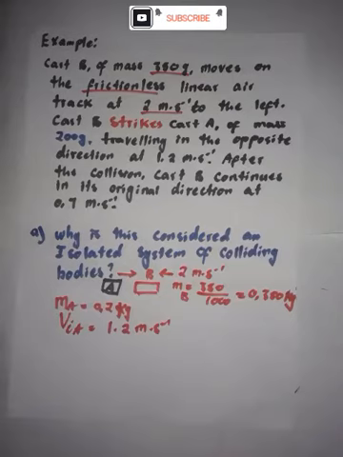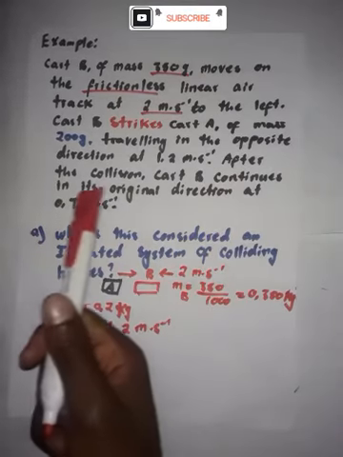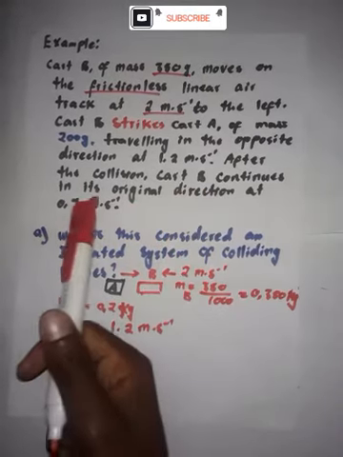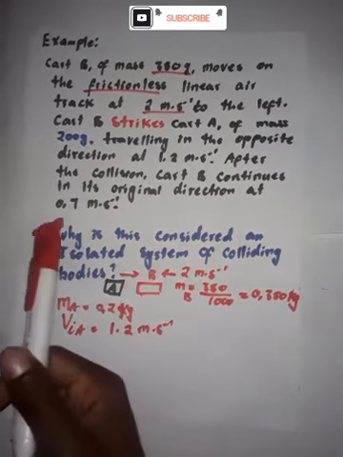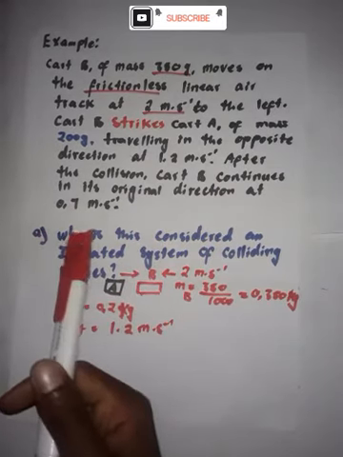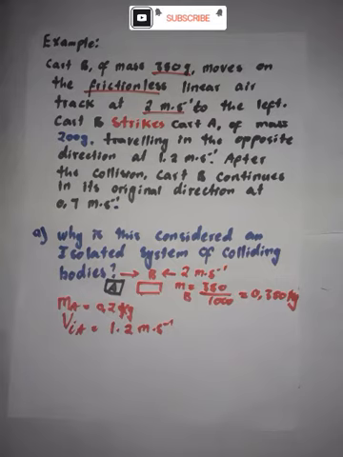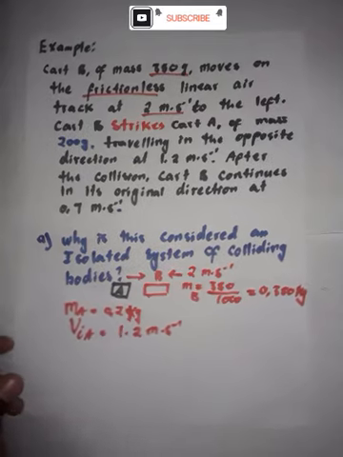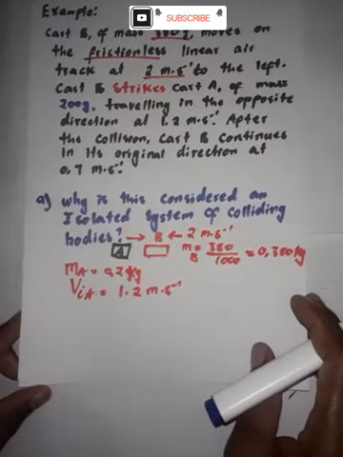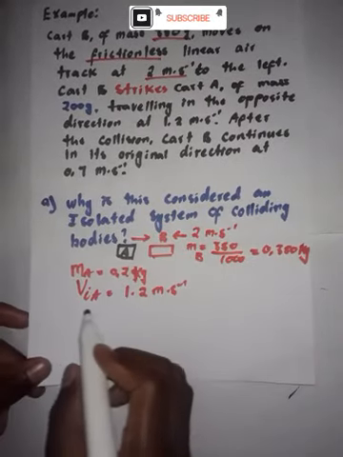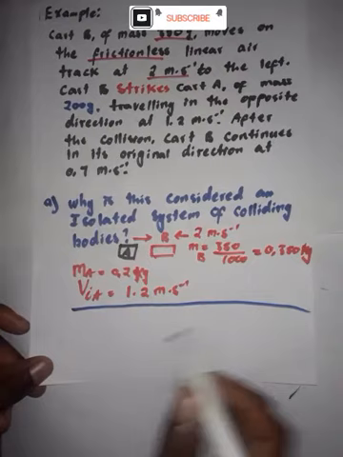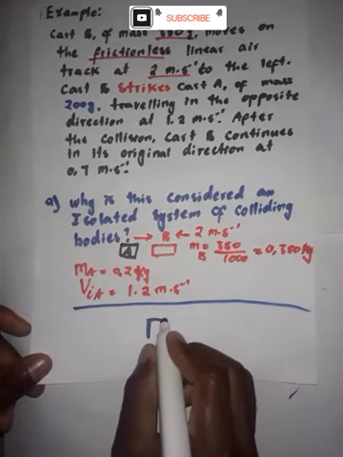After the collision, cart B continues in its original direction at 0.7 meter per second. This was before. After the collision, B didn't change direction.